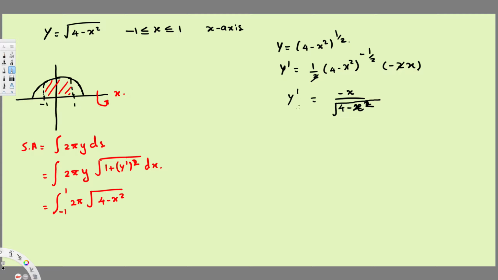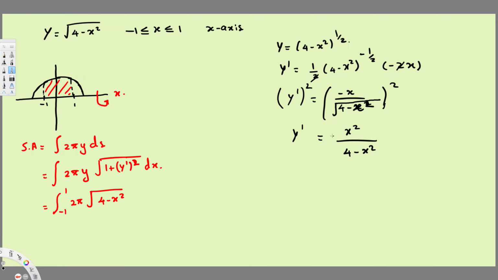So this is y prime, but here we have to replace y prime square. So let's square this one. If we square this one, we are going to get a positive x square right here, and in the denominator we are just going to have 4 minus x square.